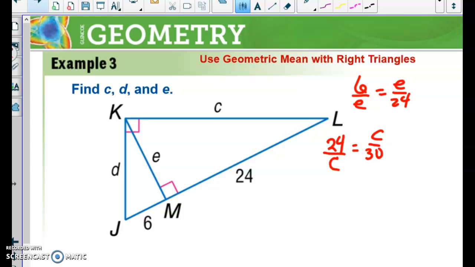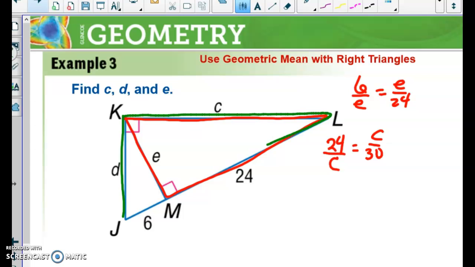Now let's take a look at where this comes from. We're taking parts of this triangle, which is the second largest one, and we're comparing them to parts of the whole triangle, so the biggest triangle.